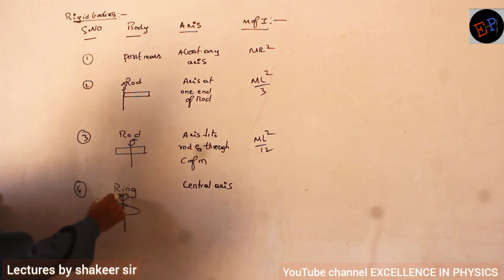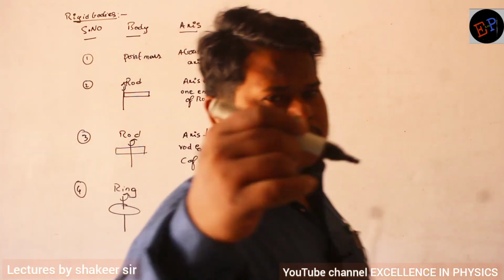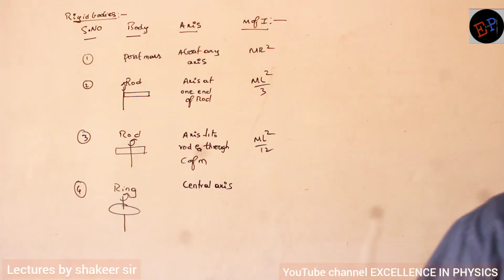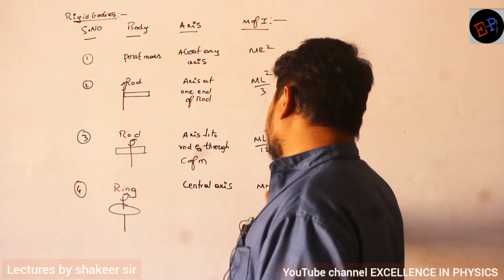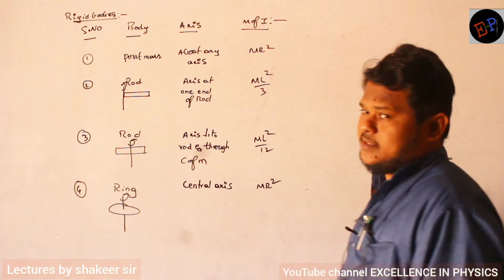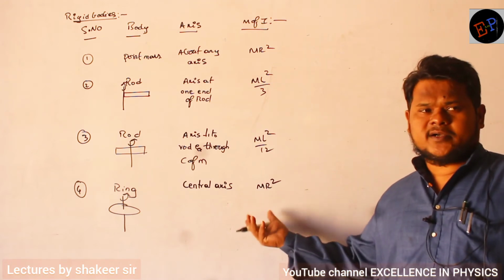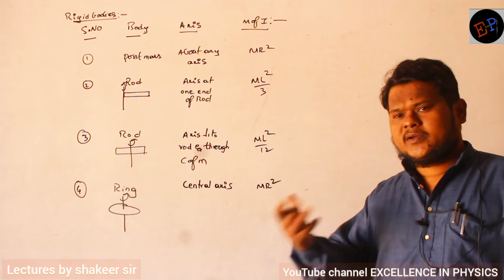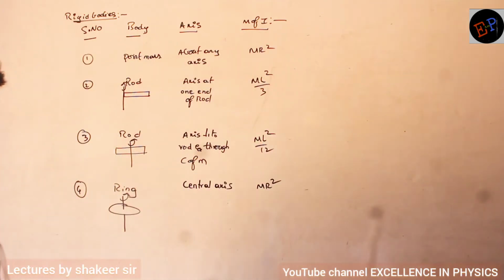The ring rotates about this axis, which we call the central axis, the axis passing through the center of mass. Understood, no? For the ring we already calculated the moment of inertia. It is M R square, just like a point mass. A ring always behaves like a point mass. Clear?